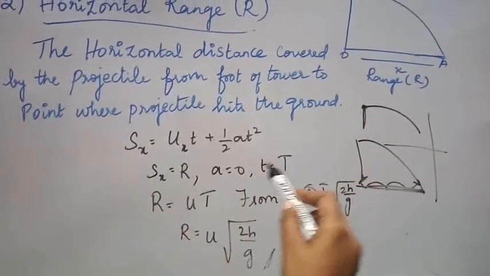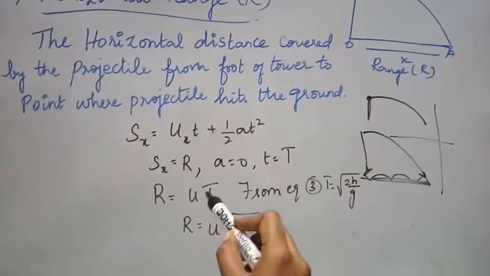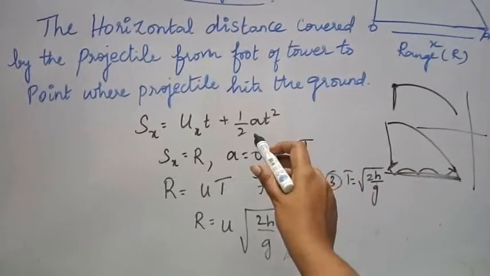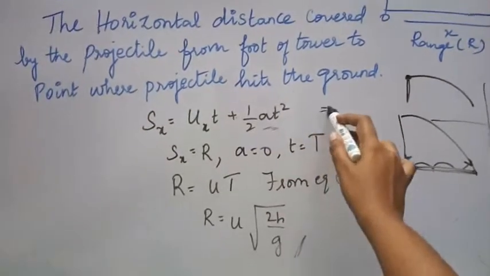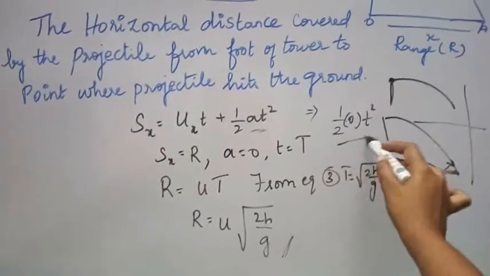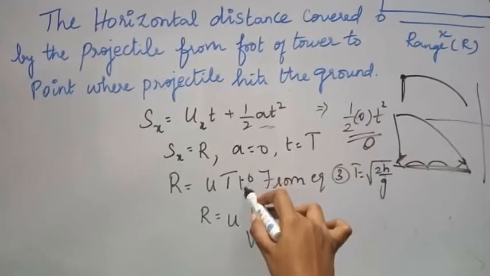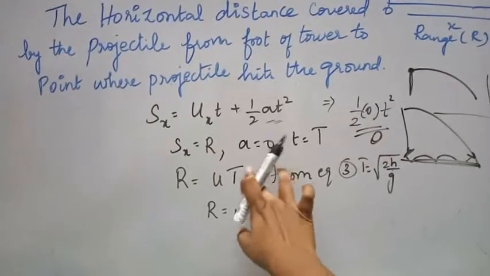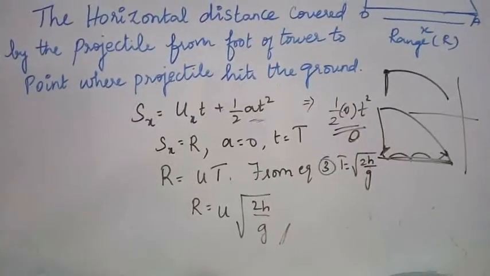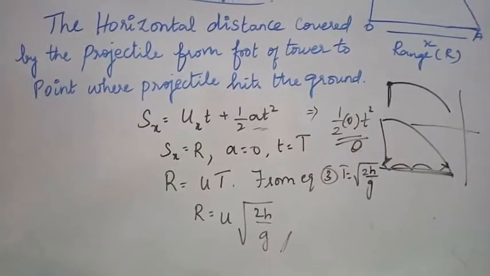Substitute all these parameters in the equation. So it becomes r is equal to u into capital T plus, in the half at square term, this would become 1 by 2 into 0 into t square. Anything into 0 is completely 0. So ut plus 0, which is simply ut. So r is equal to u into capital T. And t is the time of flight, which we have derived in the previous case.